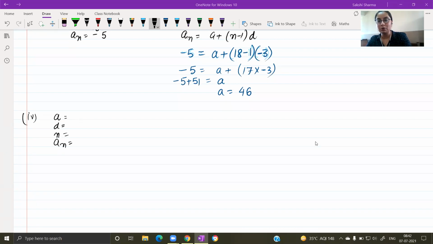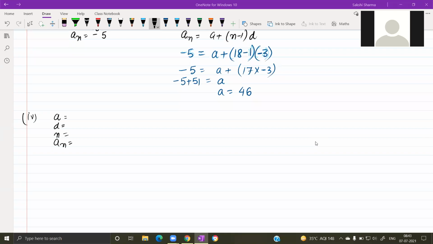No one has answered. Roll number 33, Parth. Can you tell me the values for these? First term, common difference, N and the nth term.